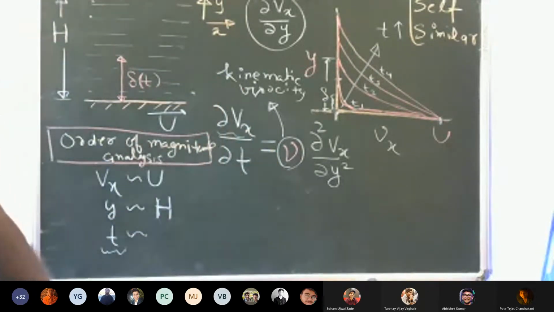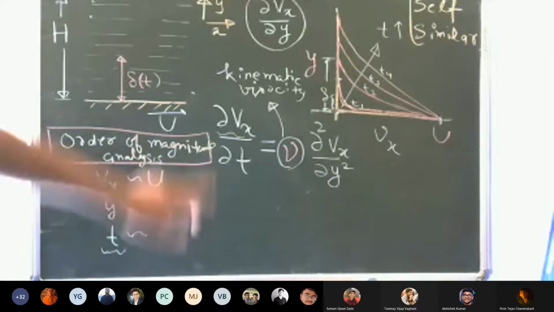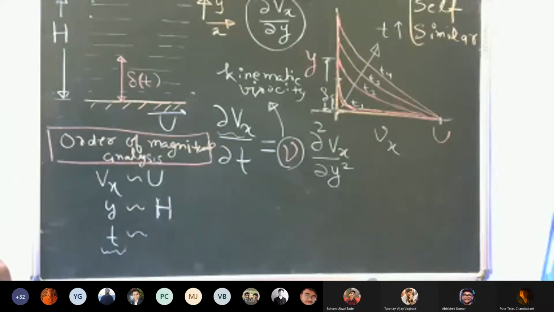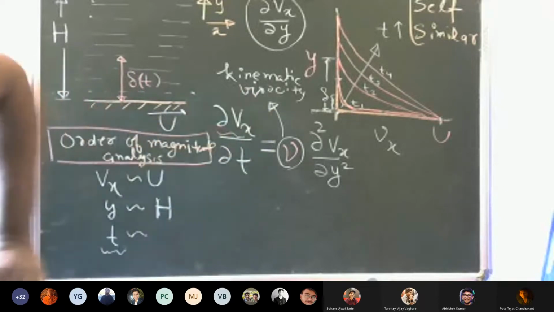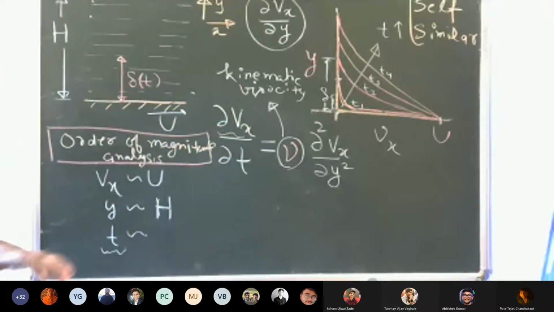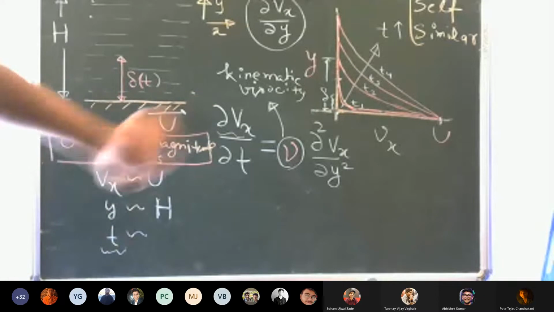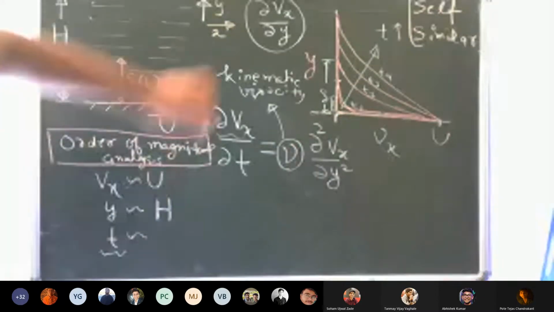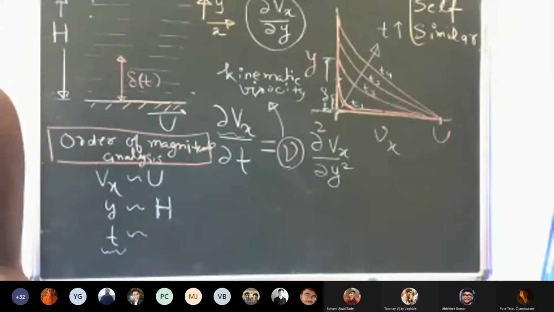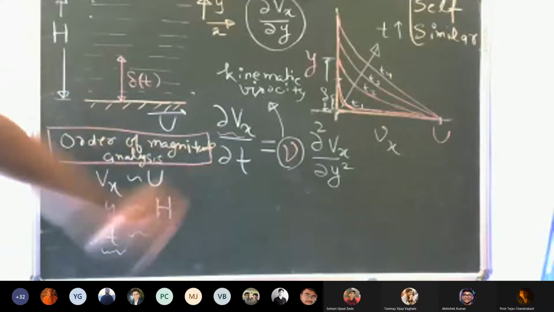Now, for dou Vx, many people will get confused. If you want to know the order of magnitude of dou Vx, will it be u minus u0? No, this is the difference of velocities. You all have done numerical methods. When you solve this problem, if you take the difference, this is the difference of velocity at two different times.